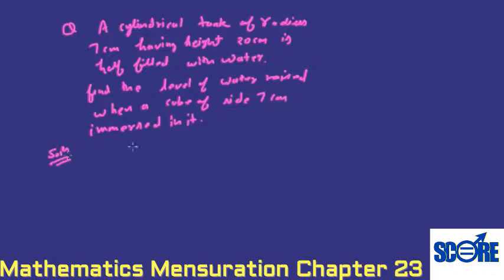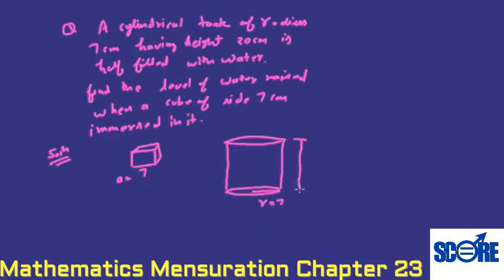So what we have given? We have given a cube. Let's say this is a cube of side 7. Let's say A is equal to 7. Now we have a cylinder, having a radius 7, and it is half filled with water, having a height 20 centimeter.